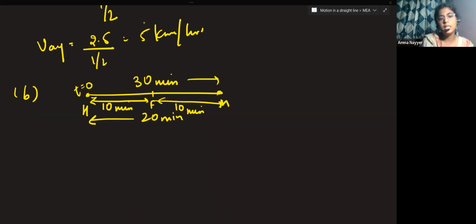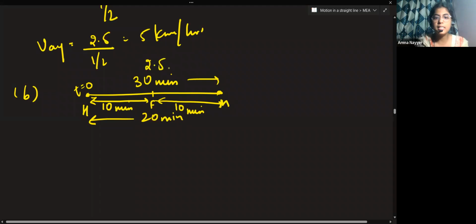So total distance will be, yes, 2.5 kilometers is this, no? And this much will be what? 1.25 kilometer. Yes. So see, this whole was, this is midway, basically.